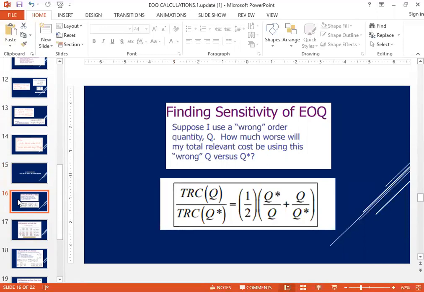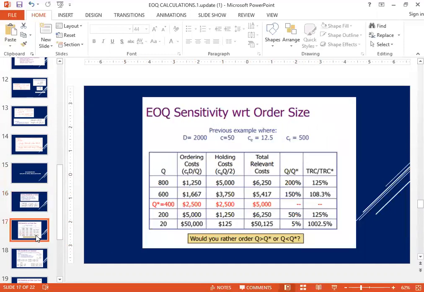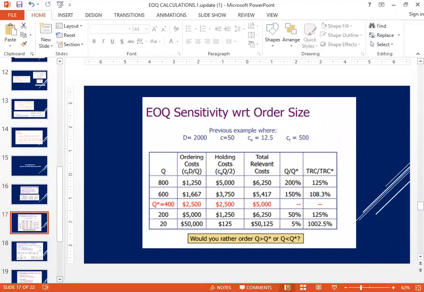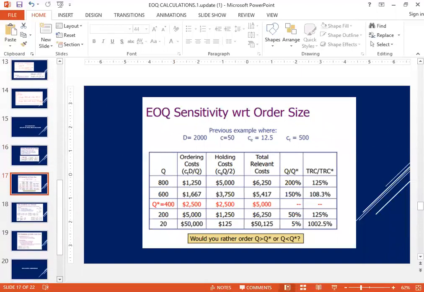The way you calculate this is the formula: half, or 0.5, times EOQ divided by the wrong quantity that you ordered, plus the wrong quantity divided by EOQ. You plug it in and you will be able to figure out the EOQ sensitivity.